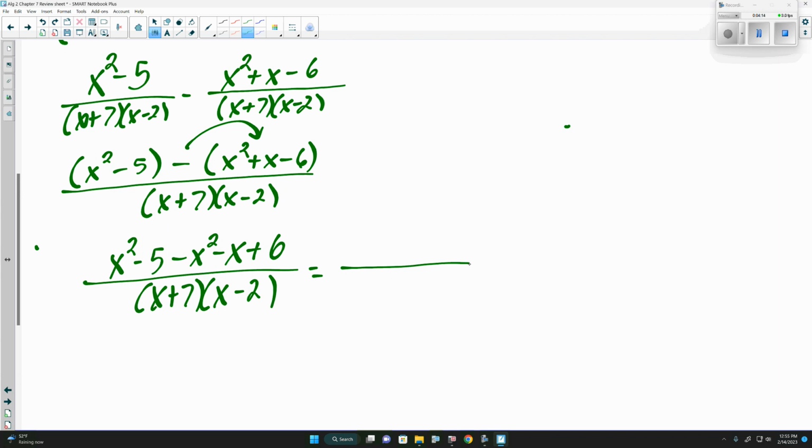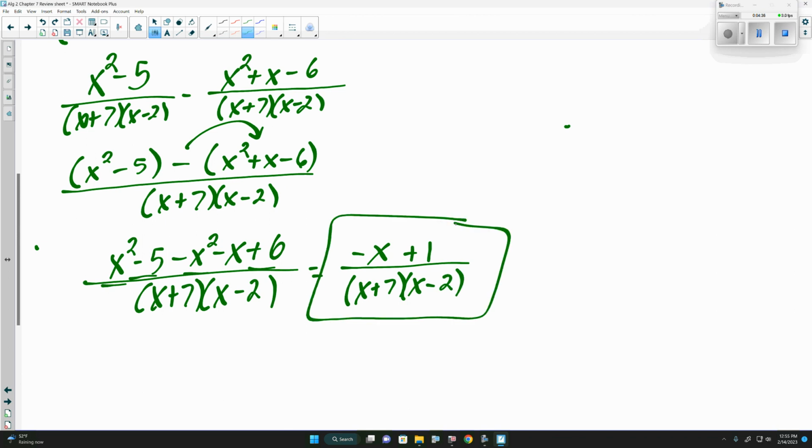Now at this point here, we can combine like terms. x squared minus x squared is 0. Negative x is our only x term, so it's just going to be negative x. And lastly, negative 5 plus 6 is plus 1. Now this is our final answer, because there's no way to factor the negative x plus 1.